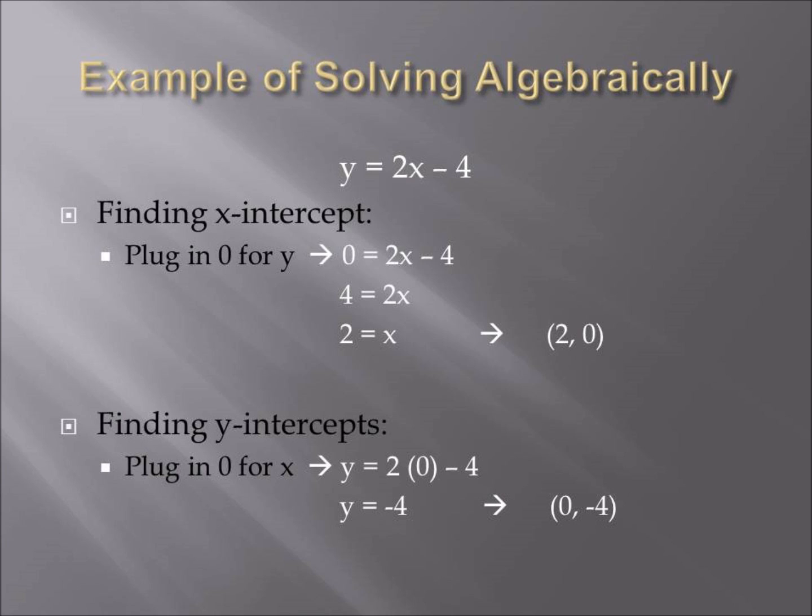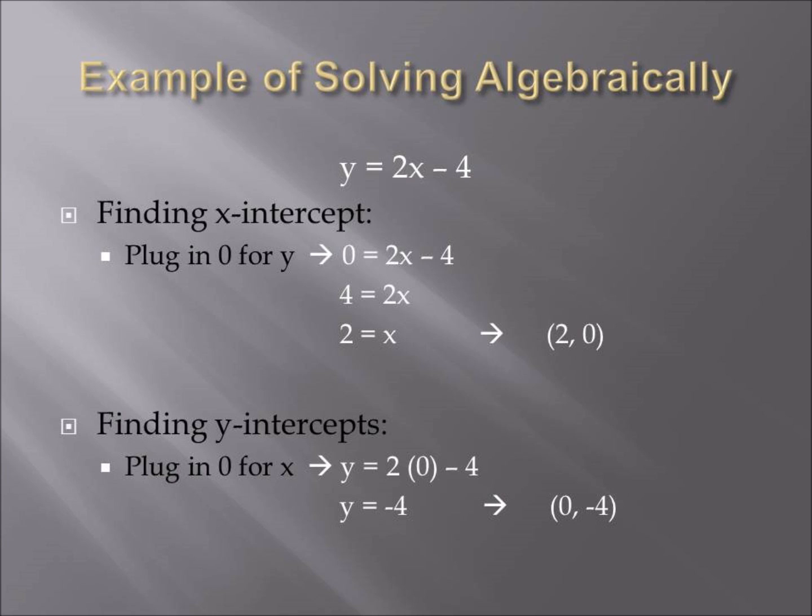We solve algebraically by adding 4 to both sides because we want to get the x by itself. So instead of 0 equals 2x minus 4, we get 4 equals 2x. To get x by itself now, we divide by 2. So that 4 equals 2x becomes 2 equals x.